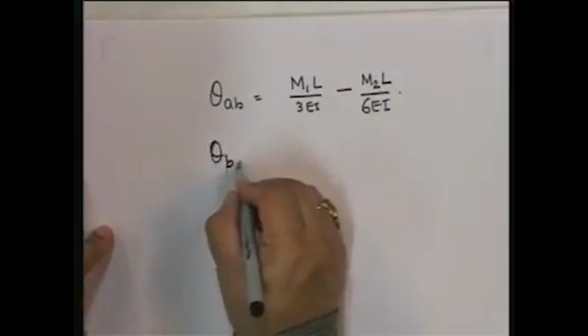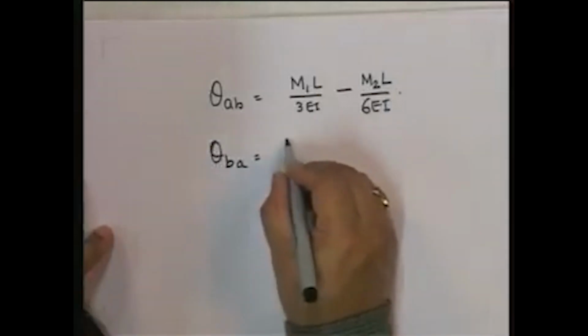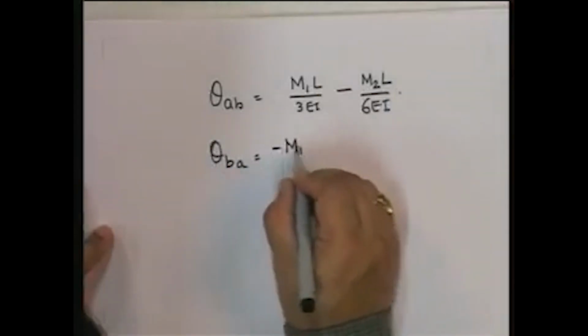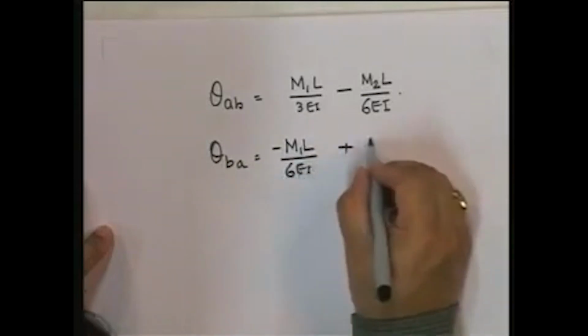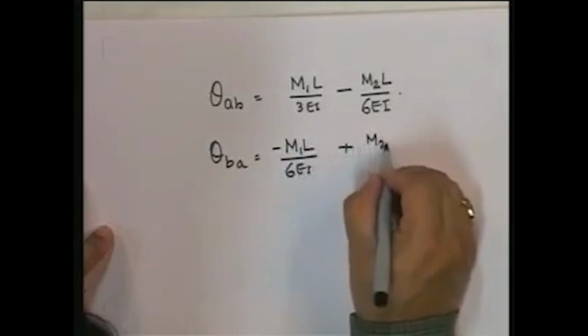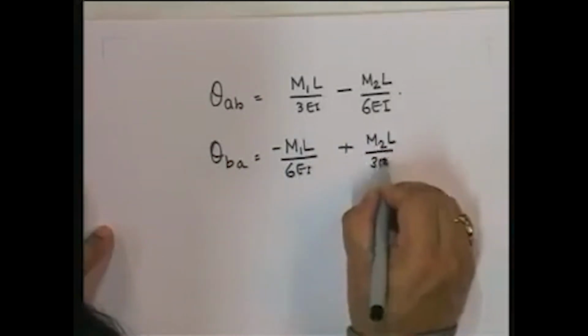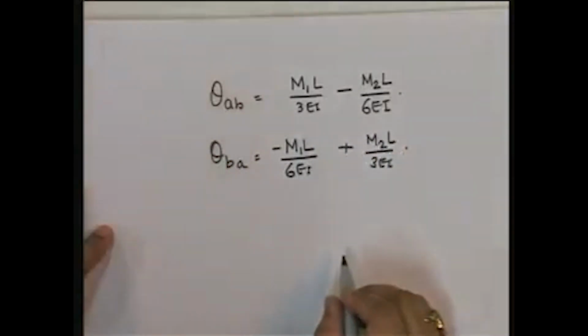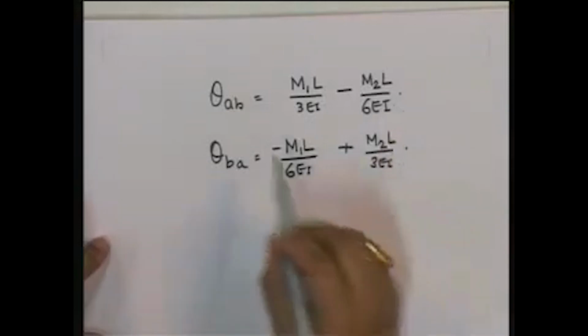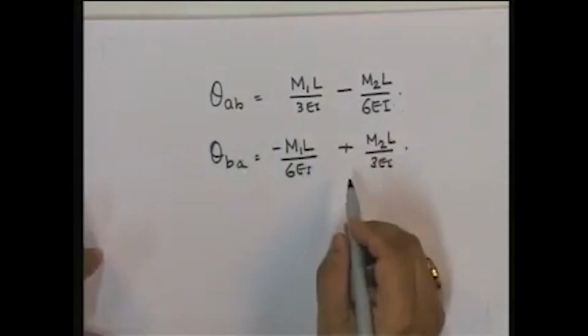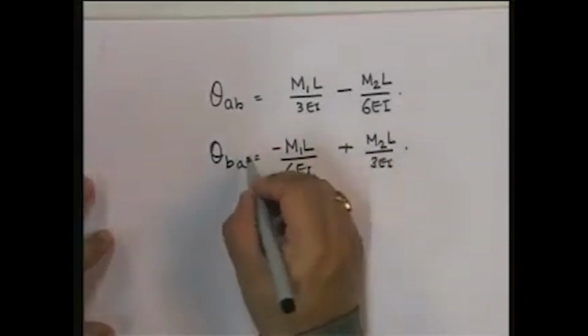Theta BA is equal to minus M1 L upon 6 EI plus M2 L upon 3 EI. Okay, so I've got the theta AB due to application of M1 and M2 together. Okay, so let us look at this.